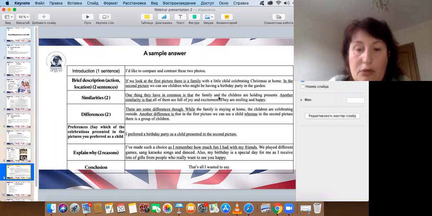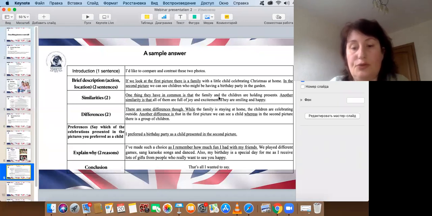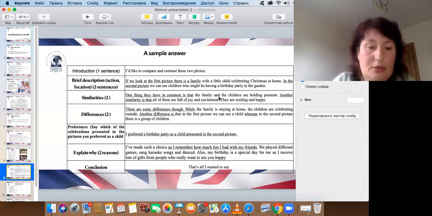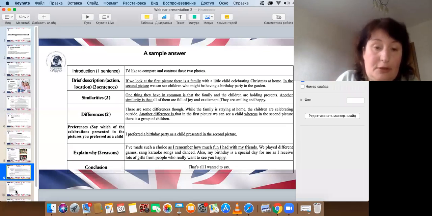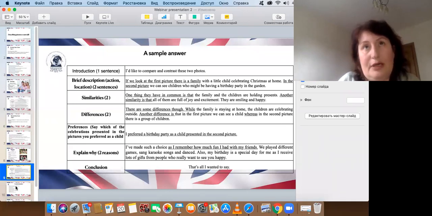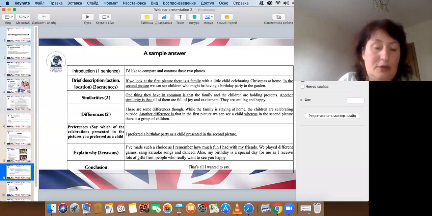Family and the children again. The children are celebrating, a child. And then I just transfer children to friends. So I'm just showing you how difficult it is when you have just the word children, and maybe you might say another synonym, kids, something like that.